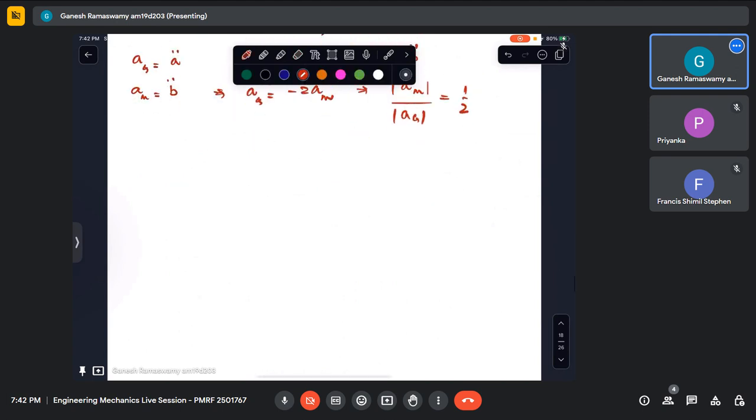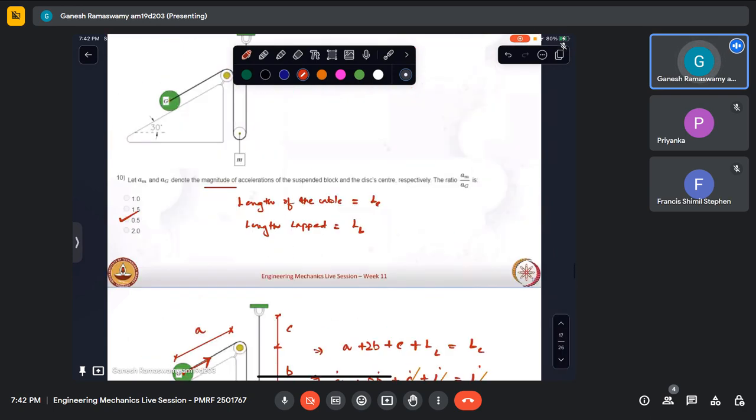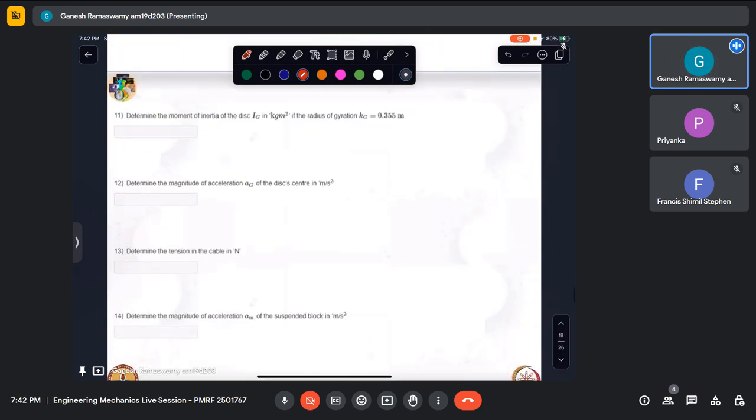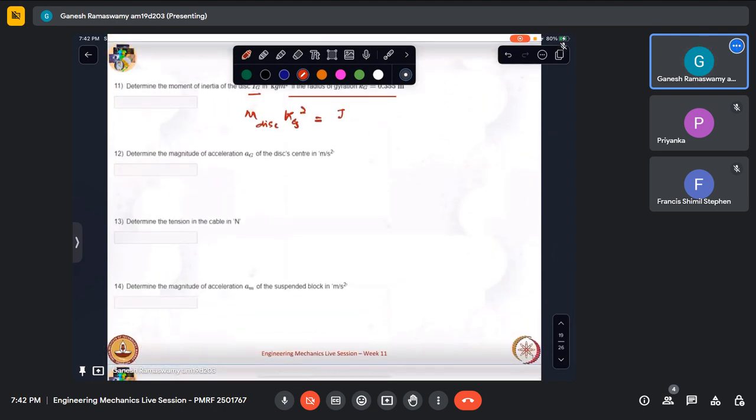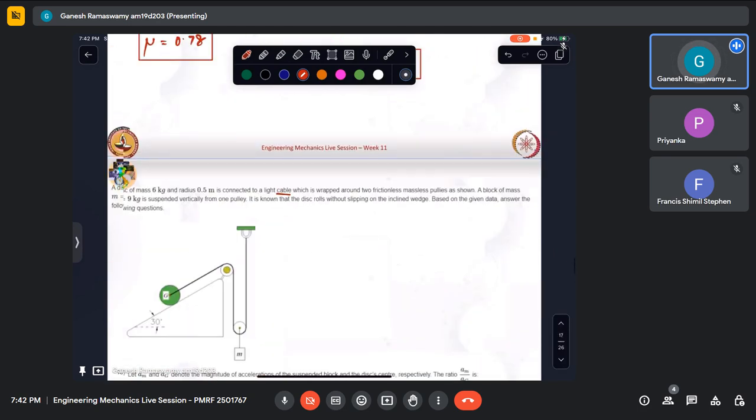Okay. So now let us go on to see the next question. Determine the moment of inertia of the disk Ig in kilonewton if the radius of gyration is this. Mass of the disk into k squared is the moment of inertia Ig, which is nothing but, what is the mass of the disk? 6.